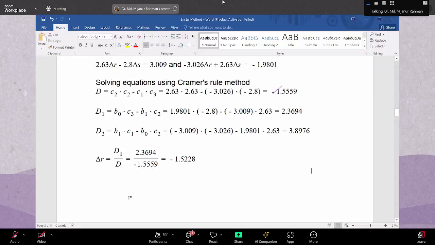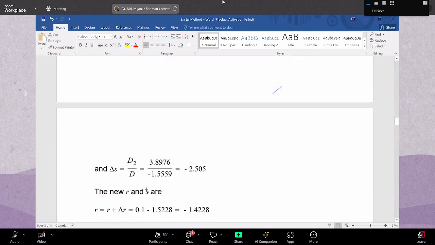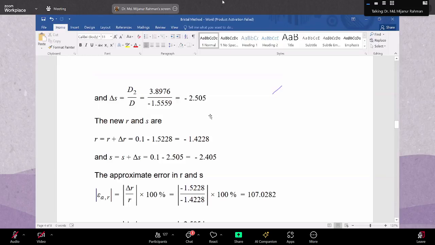When we get delta R and delta S, from the previous class, again we have to check the approximate error, because we already considered the initial values of R and S, and now we get delta R and delta S. So we can finalize the values using R equal to R plus delta R, S equal to S plus delta S. If we check, R becomes minus 1.4228 and S is minus 2.407.